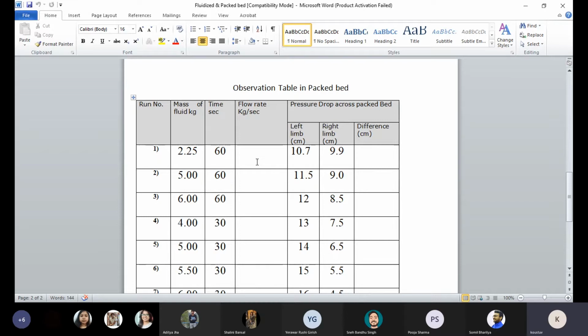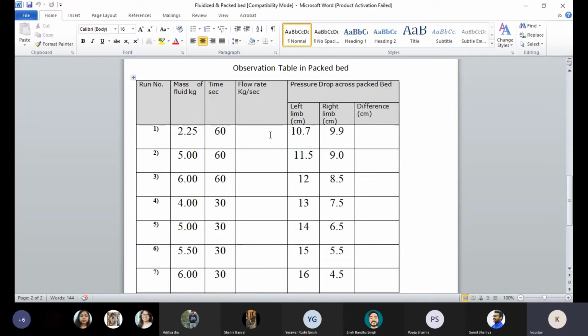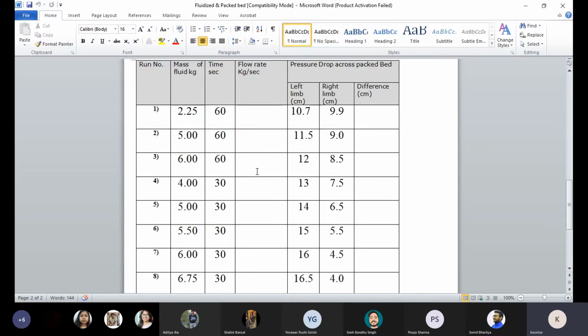So the experimental details and experiments were carried out. There is a flow rate associated with this experiment, so you have to collect or calculate the flow rates. You can take the fluid mass collected at a particular time interval and vary the flow rate.